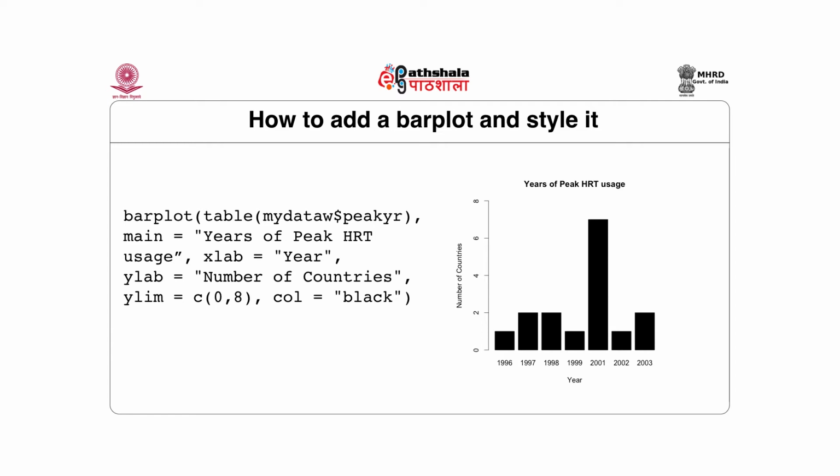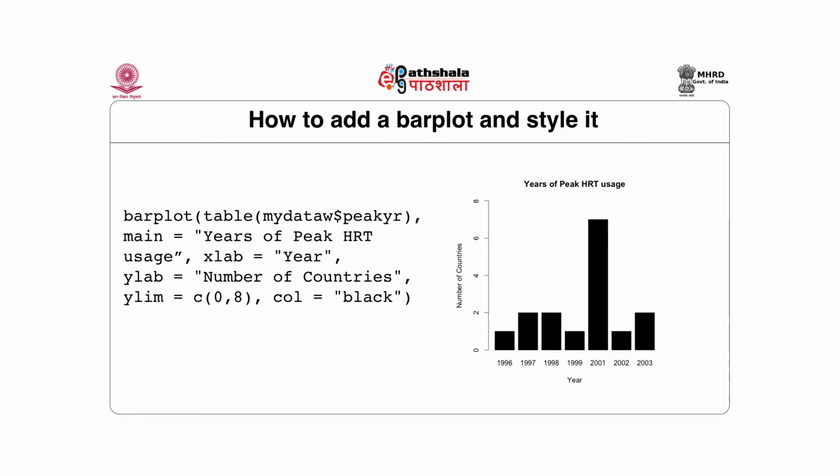So you just cannot put bar plot and then a variable name. That's not going to work. You have to convert that into a table. Sometimes it helps if you use a function called summary and then summarize that particular variable. In order to put a header, which is a stylistic part, to that graph, you will use the option main, and in this particular case we have decided that the main or the title should read as years of peak HRT use.